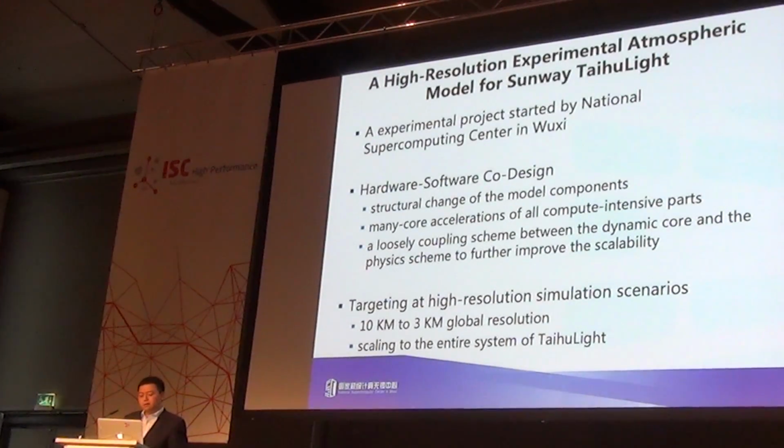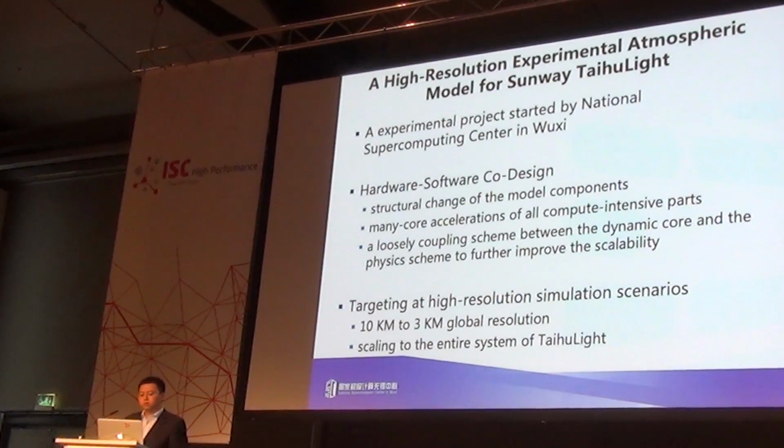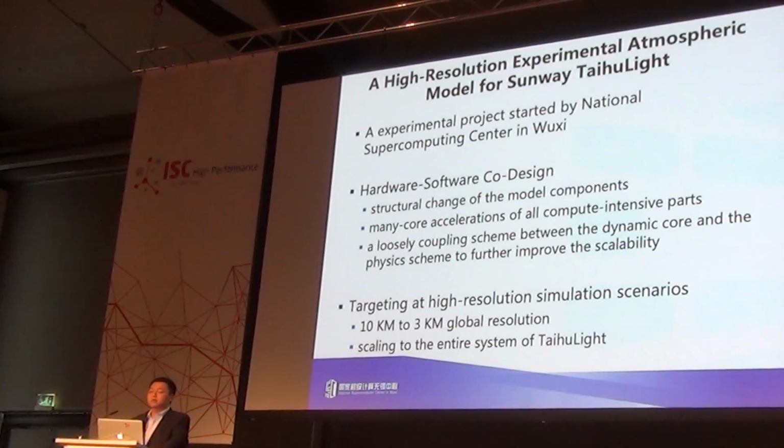This one is targeting high-resolution simulation scenarios. Currently we have run experiments from 10 kilometers to 3 kilometers global resolution. And for certain cases, we can scale to the entire TaihuLight system.